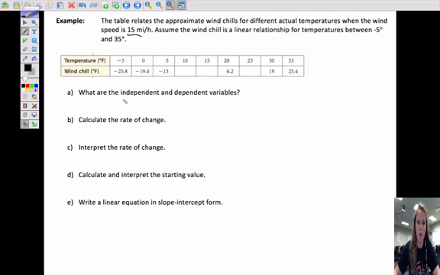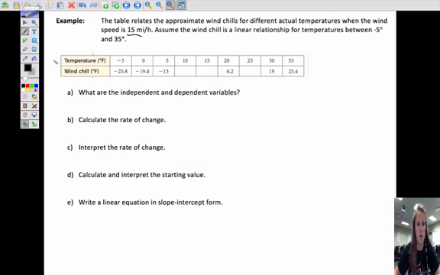We're asked, what are the independent and dependent variables here? My question to you is, which one affects the other, or which one changes more independently? Think about that in your head. I'm going to say that the temperature affects the wind chill. When the temperature changes, the wind chill changes.